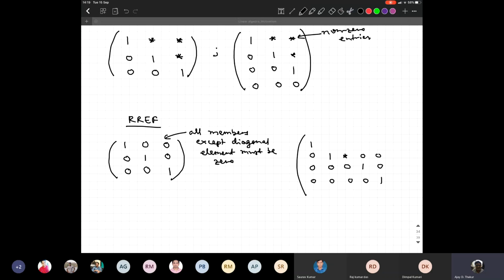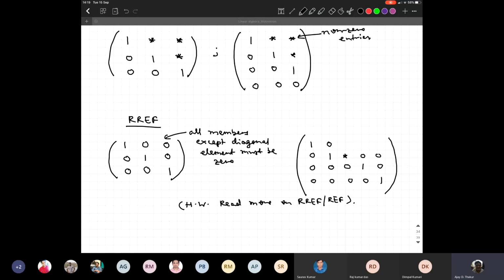So this is also a reduced row echelon form, where everything above a 1 must be 0, but by the side of it, if there is a non-zero number, below that there cannot be a 1. So this is another. Homework would be to read more on the reduced row echelon form and row echelon forms.